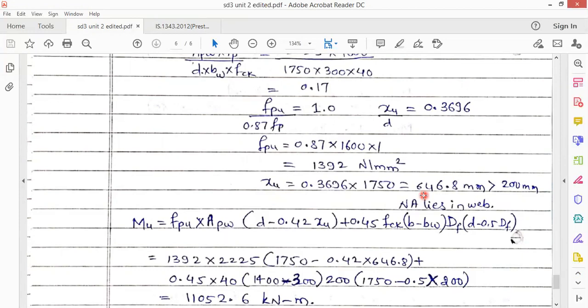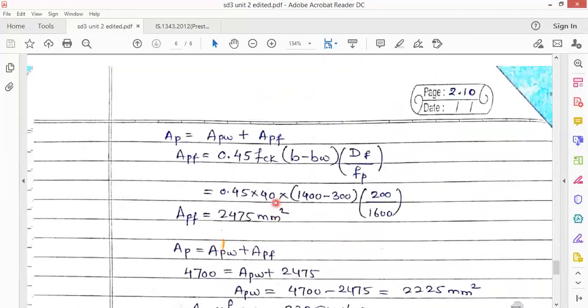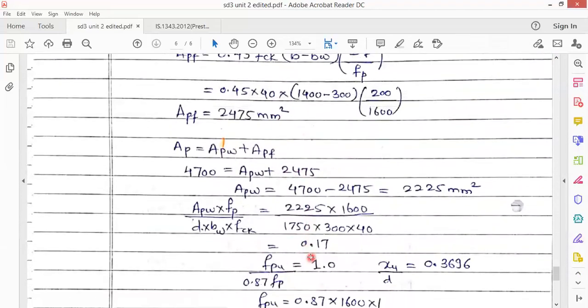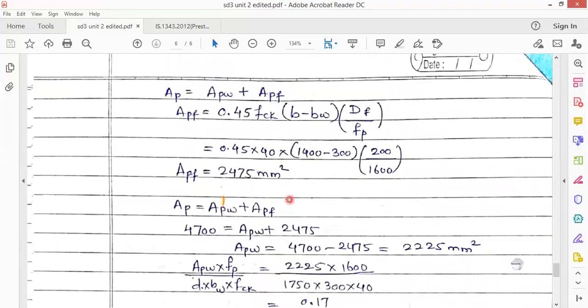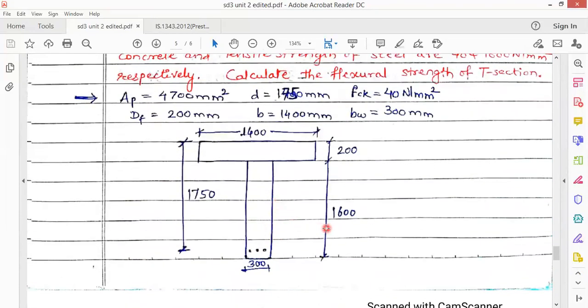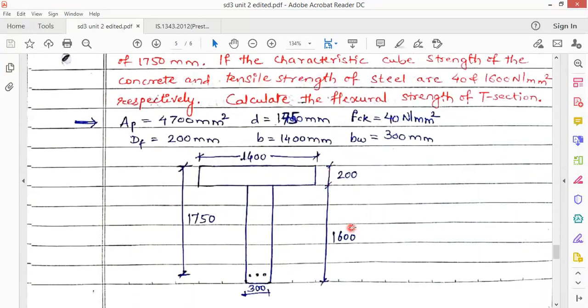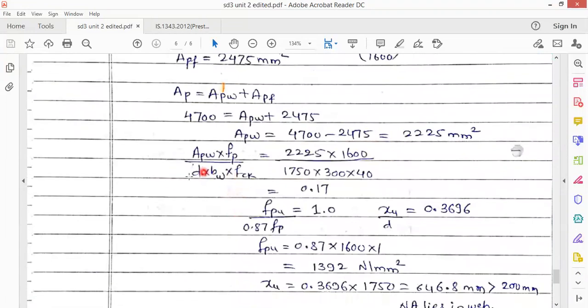So here FPU, okay, it is FPB. Make a small correction here, it is FPB. So FPB is obtained here. What is the value of FPB? Okay, FPB is 1600 and we have obtained the value of FPB.